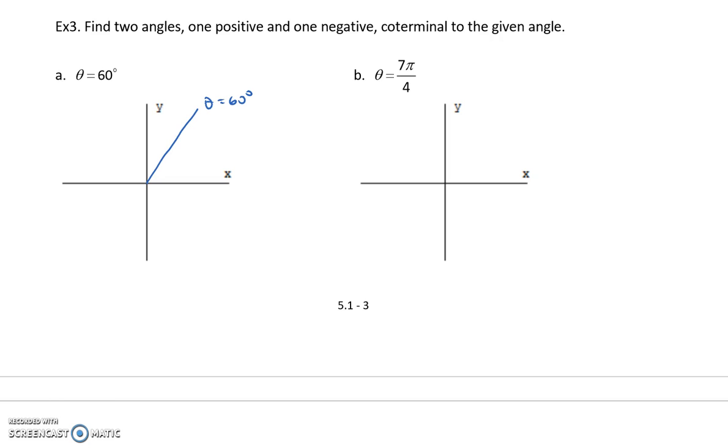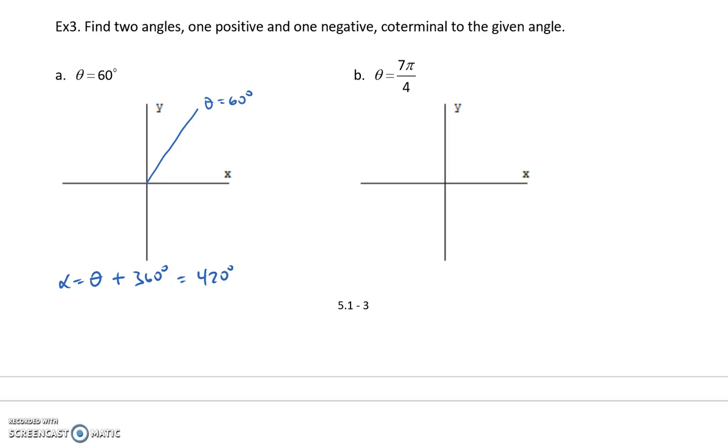Then what we would do to determine alpha would be to take theta and we might add 360 degrees to it. Okay, so 60 plus 360 is 420. So an angle that's coterminal to 60 degrees is 420 degrees. That's one that has positive measure.